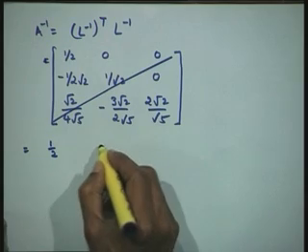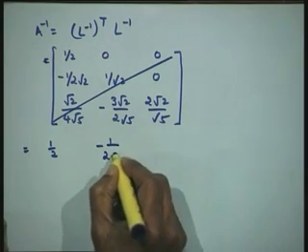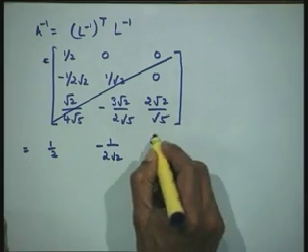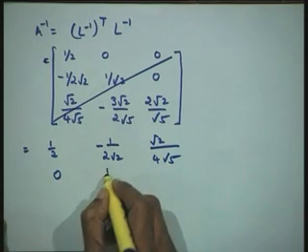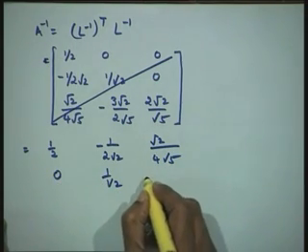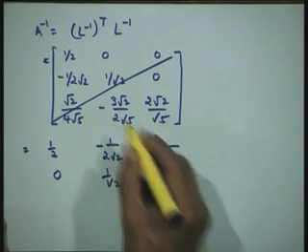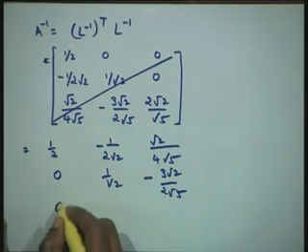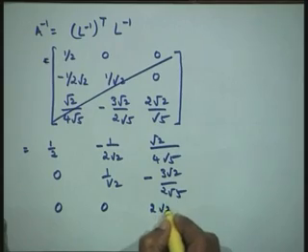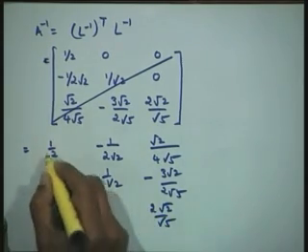So, 1 by 2, minus 1 upon 2 root 2, transpose of this, root 2 upon 4 root 5, 0, 1 upon root 2 and the 3 root 2 by 2 root 5, 0, 0, 2 root 2 by root 5.